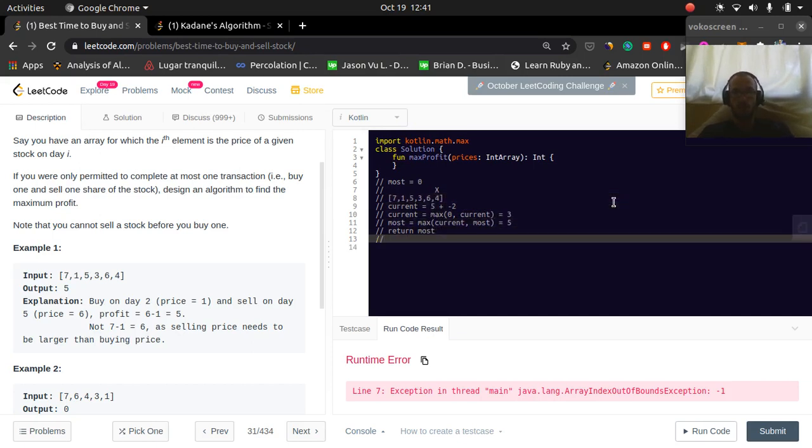So let's write some pseudocode. So we'll set most equal to current, which equals 0.